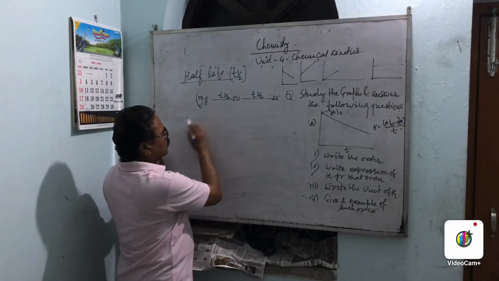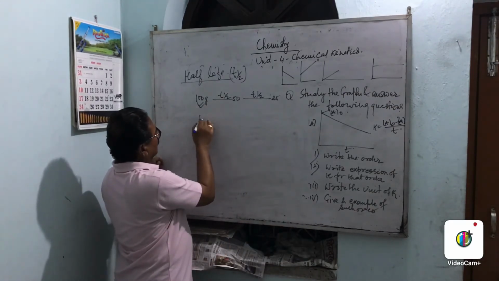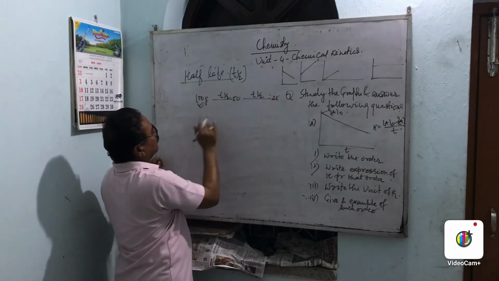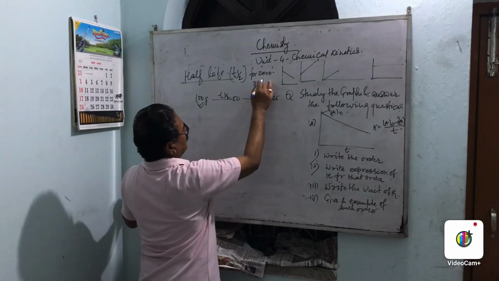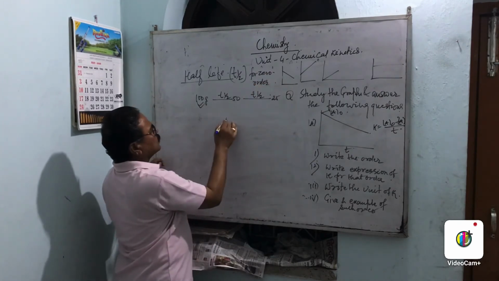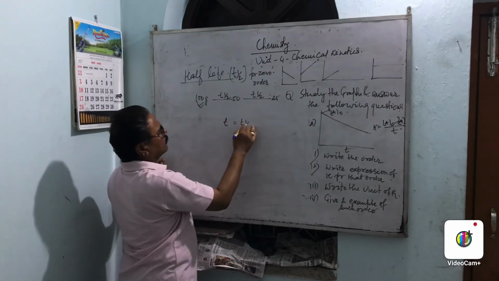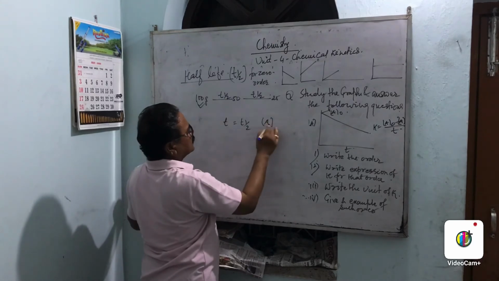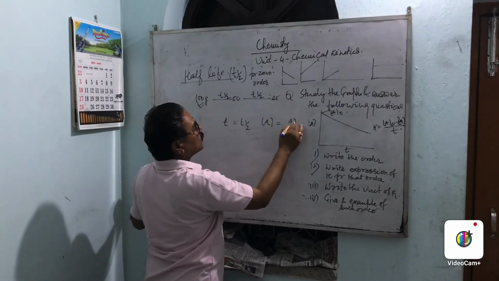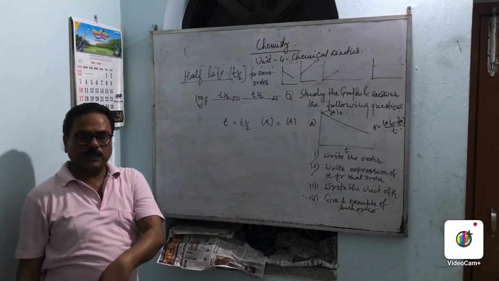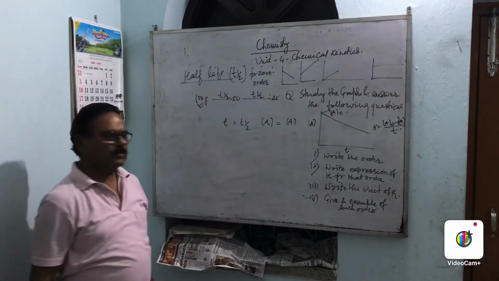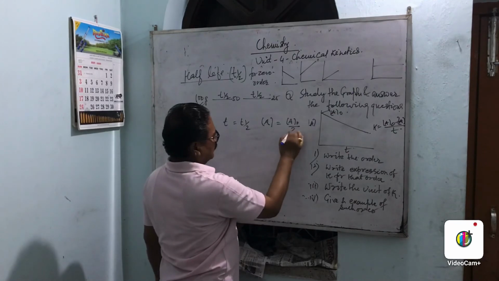So what is the value of K? Half-life for zero order reaction. I define the half-life. Suppose t is equal to T half. Then the initial concentration is A naught, and A is the concentration after the lapse of time t. If we reduce the time, then the time will be T half.